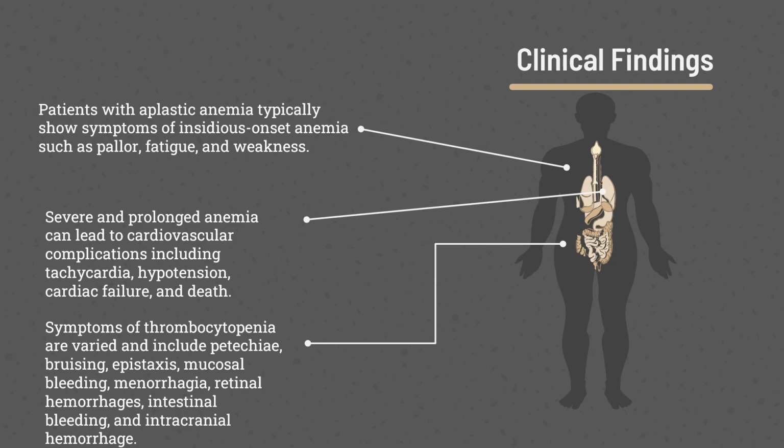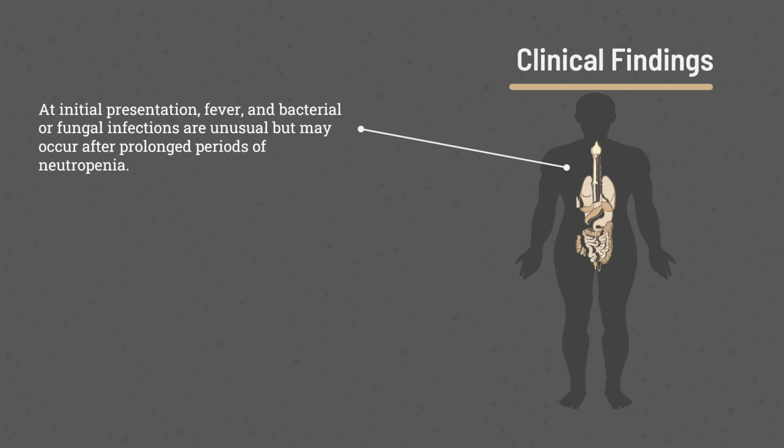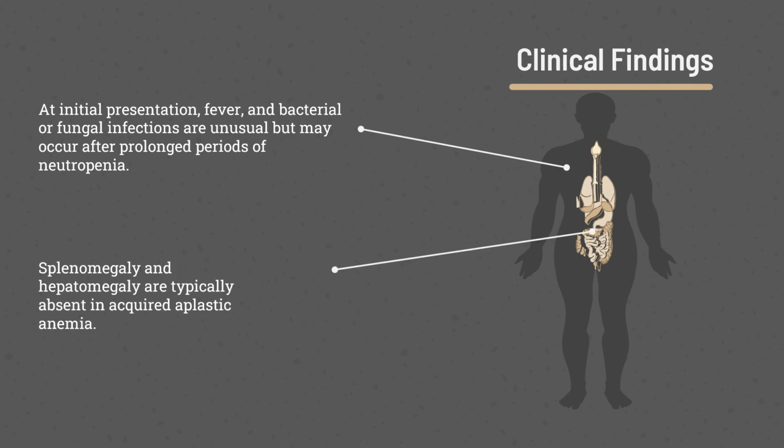Symptoms of thrombocytopenia are varied and include petechiae, bruising, epistaxis, mucosal bleeding, menorrhagia, retinal hemorrhages, intestinal bleeding, and intracranial hemorrhage. At initial presentation, fever and bacterial or fungal infections are unusual but may occur after prolonged periods of neutropenia. Splenomegaly and hepatomegaly are typically absent in acquired aplastic anemia.